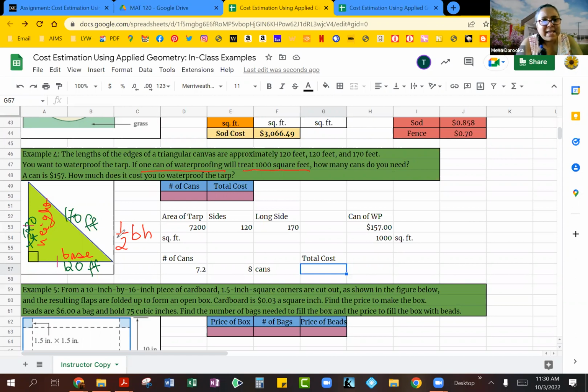So in this case, of course, we have our 1/2, but then your base is 120 and your height also happens to be 120. So that's basically 120, multiplied into itself and then divide by 2, which should give you the 7,200. So yeah, that's why I can see why you had more cans than what we came up with.